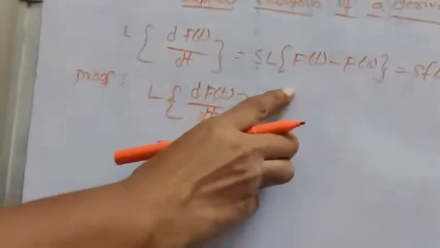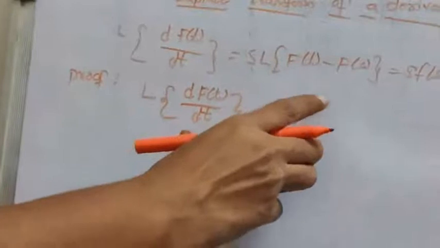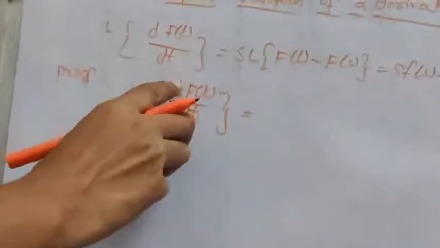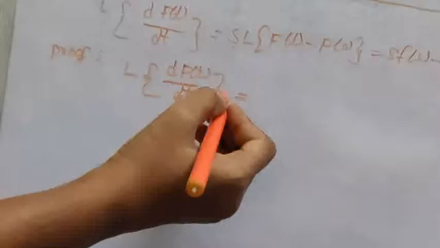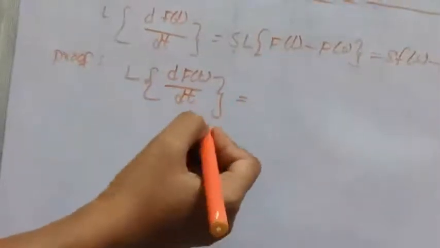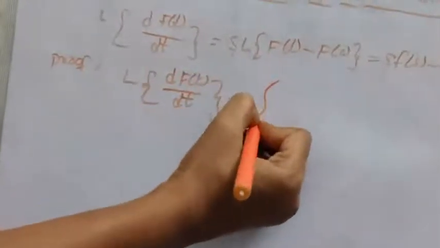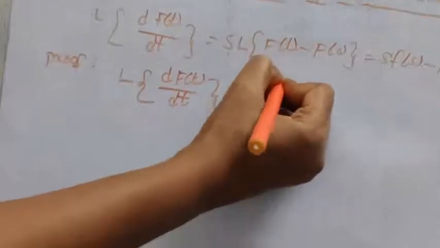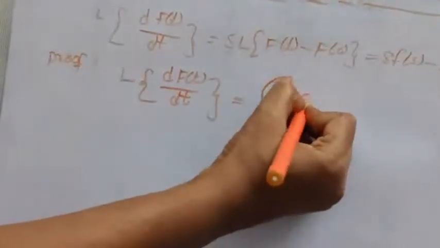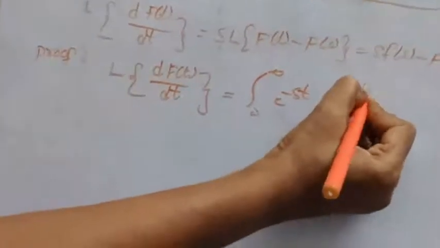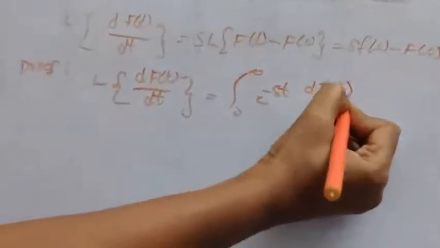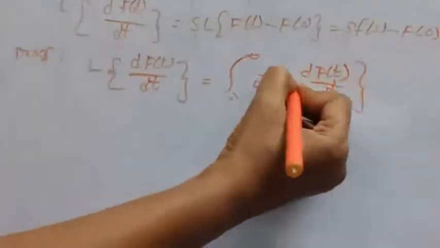Integral 0 to infinity e power minus st f of t into dt. Only we have to apply the differentiation. So we can write the Laplace transform of the derivative as integral 0 to infinity e power minus st df of t by dt into dt.